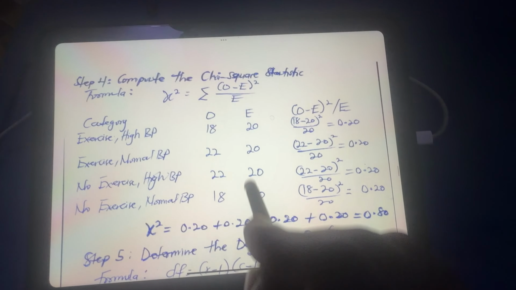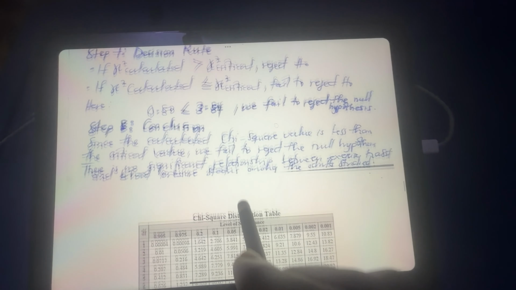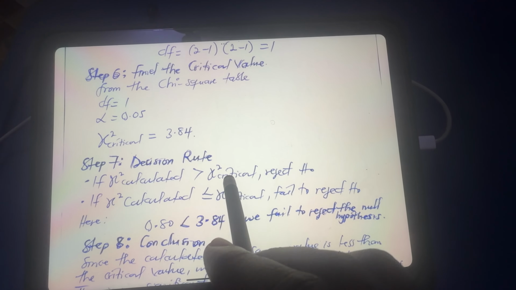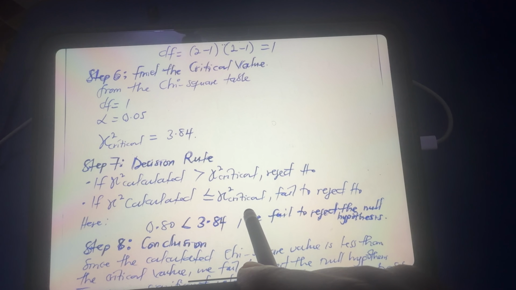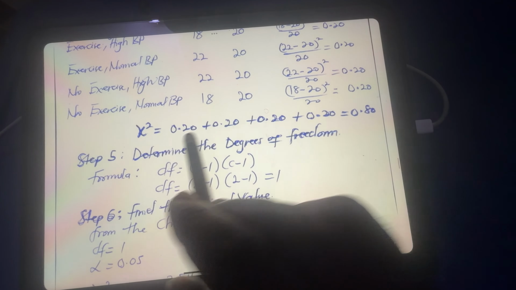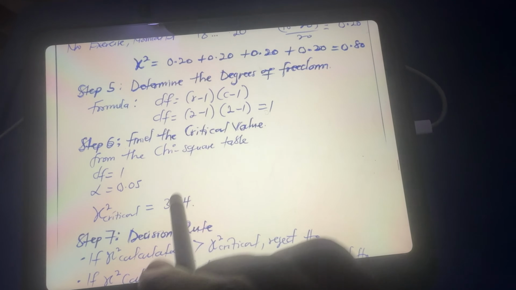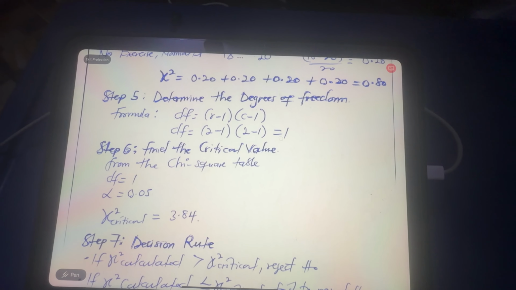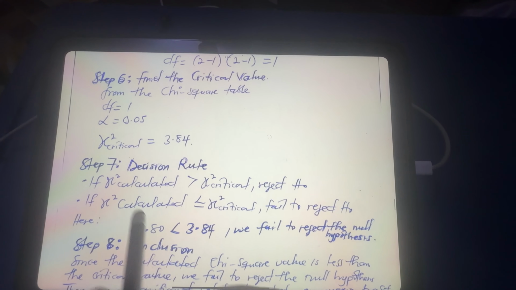Okay, that is it. Now, the second decision rule states that if the calculated R squared is less than or equal to the critical value, fail to reject the null hypothesis. So if the calculated R squared is less than the critical value, you fail to reject the null hypothesis. Now, look at the first decision rule.